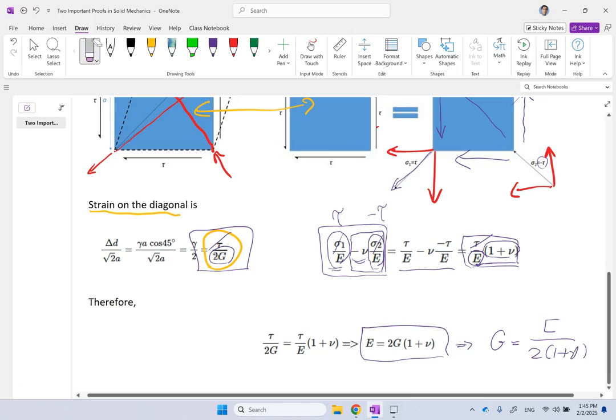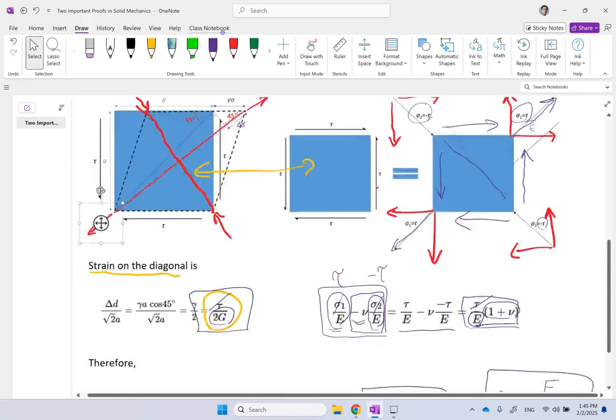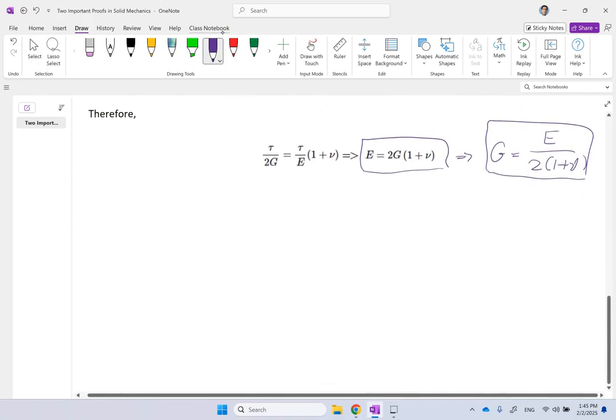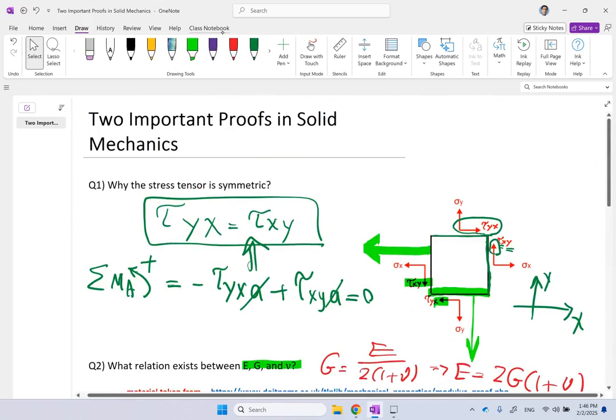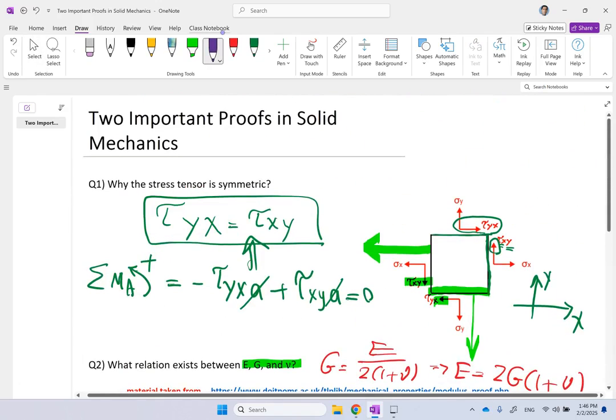So you clearly see that from this strain on the diagonal on these two equivalent loadings, we can find this very important proof, this one, and also by taking moment about the corner, we showed the other one.